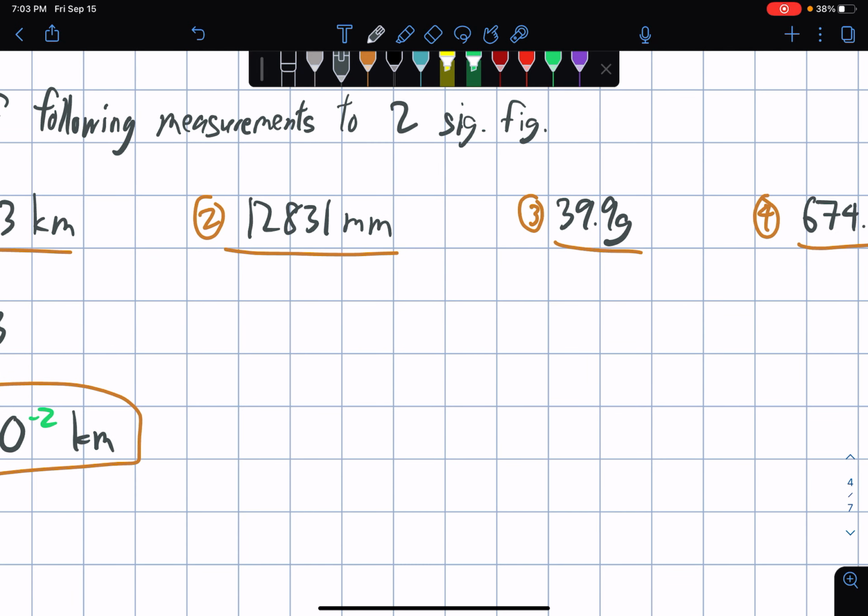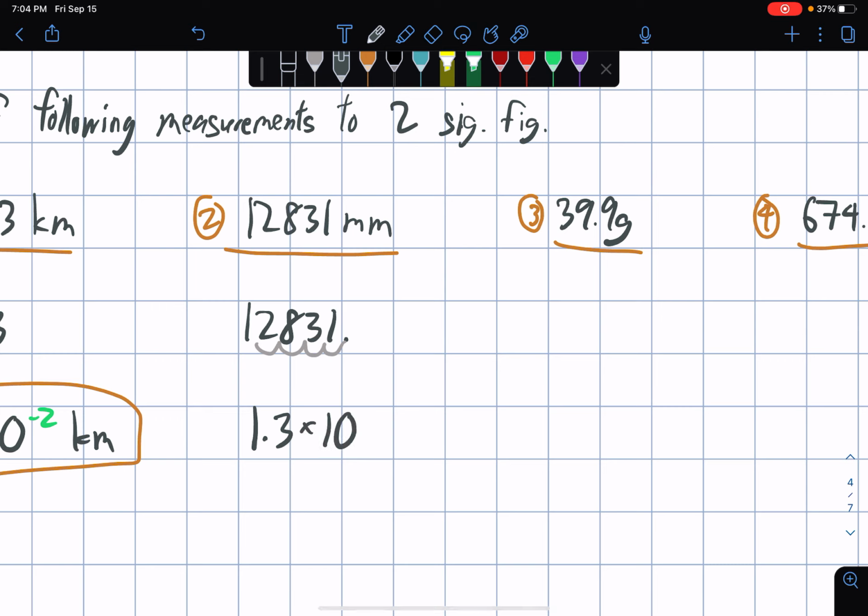12,831 millimeters, 2 significant figures. Let's copy the number again. The decimal point will always be there, naturally, and by standard. 1, 2, 3, 4. And since 8 is greater than 5, the 2 before it will be 3, so 1.3.